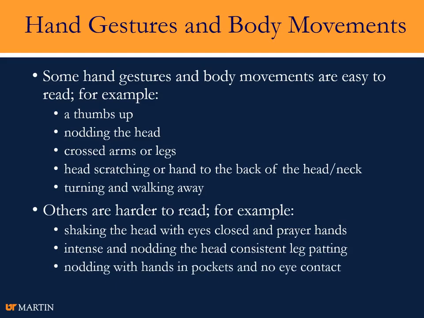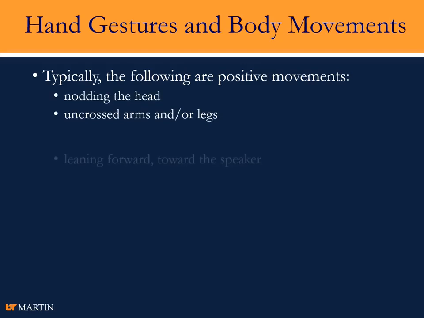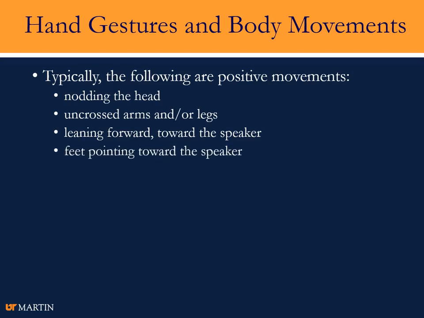So it's worthwhile to consider some of these specific positive hand gestures and body movements. Nodding the head, uncrossed arms or legs, generally a good sign. Leaning forward, if you're leaning toward the speaker, that's usually a good sign if you're sitting. Maybe not as much if you're standing up, but feet pointing toward the speaker. You're generally engaged with somebody when your feet are pointing toward them.